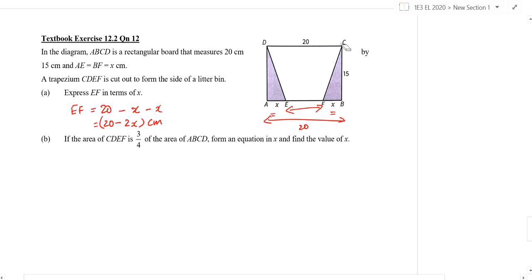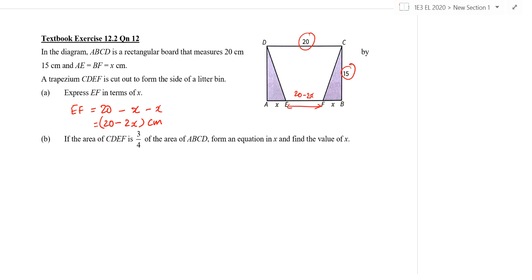Okay, so let's take stock. We now have the expression for one parallel side, we have the other parallel side, we have the vertical height of the trapezium. So now they tell us that area of this trapezium is 3/4 that of the rectangle.